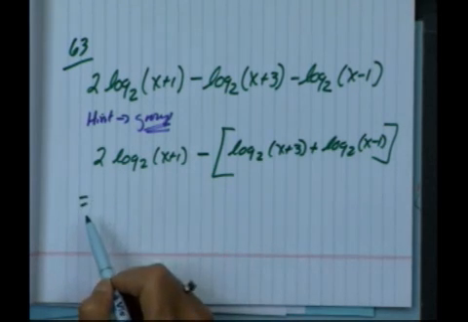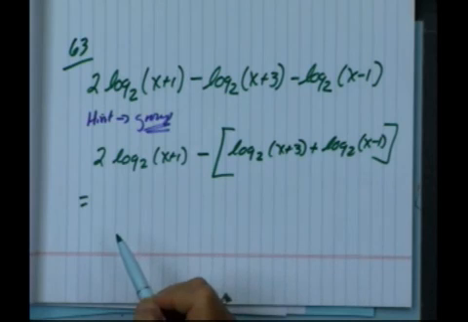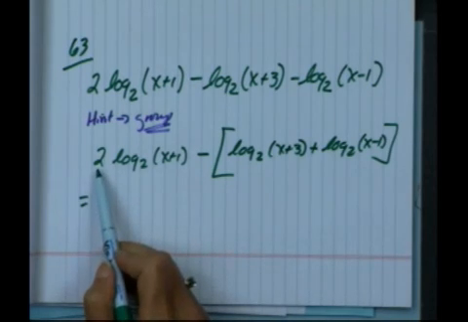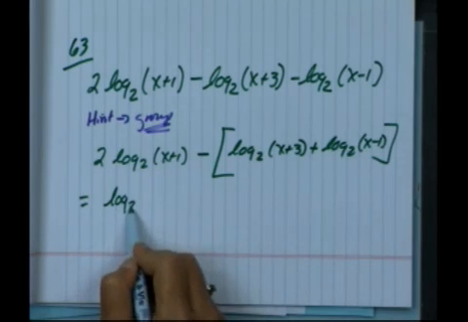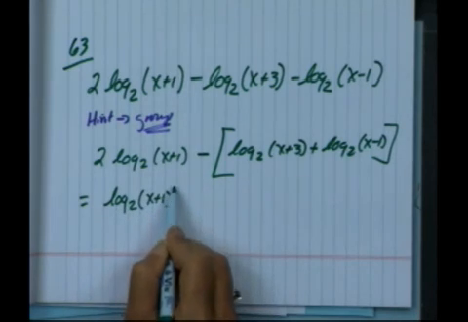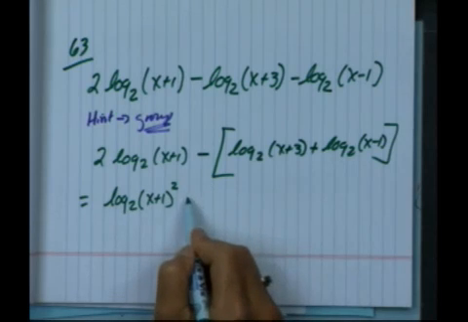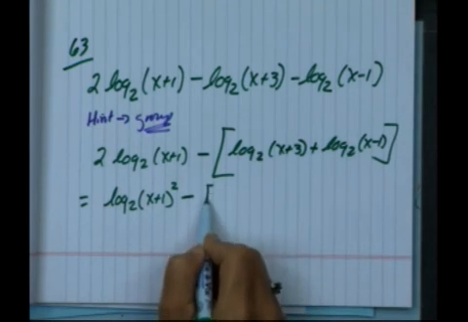All right, so our instructions are to write as a single logarithm. How are you going to deal with the 2 out front? That becomes your exponent: log to the base 2 of x plus 1 squared. All right, let's go inside parentheses.